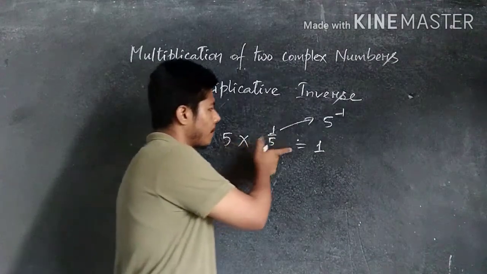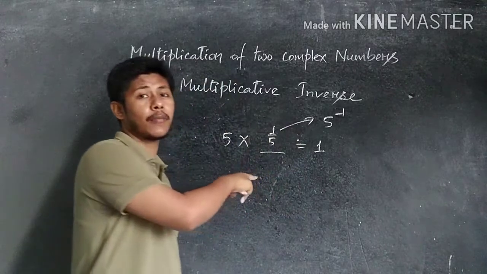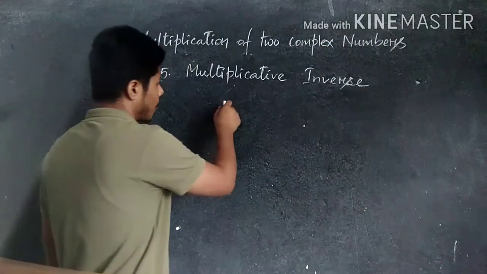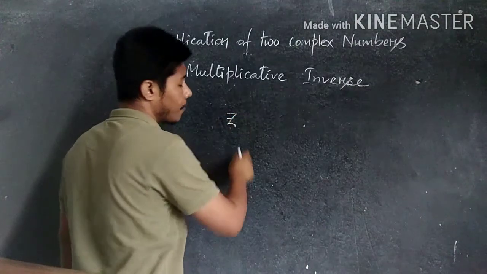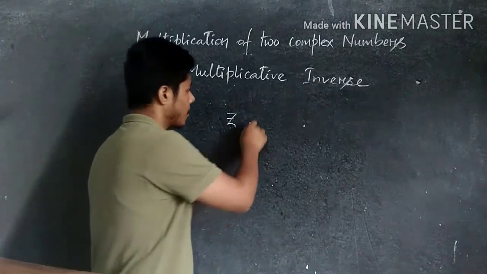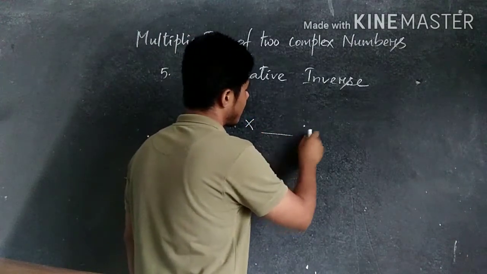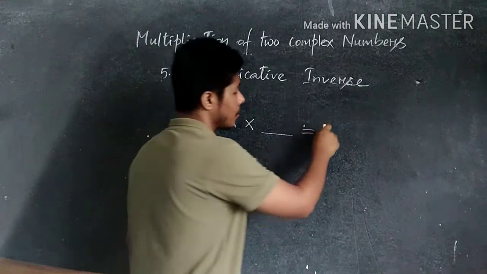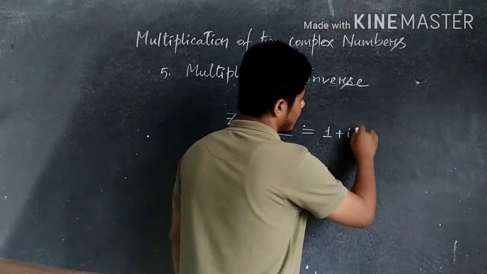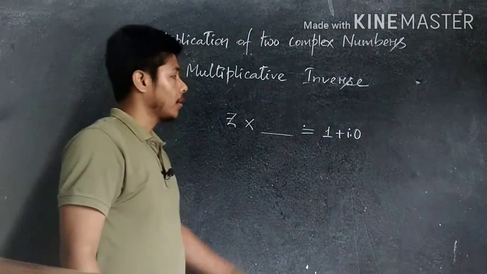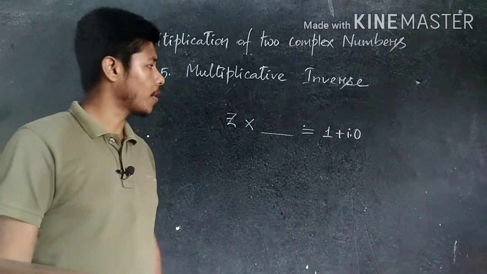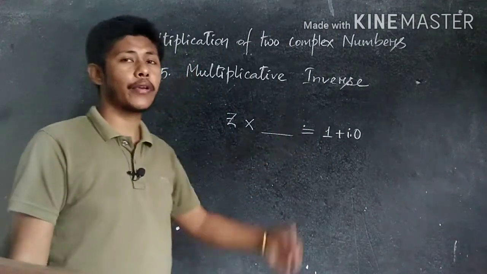If we multiply 5 by 1 by 5, we get the identity. So in case of complex numbers, let's see. Suppose we consider any complex number z. How much do you have to multiply with z to get the identity, that is 1 plus i into 0? This is the multiplicative identity of a complex number, isn't it? 1 plus i into 0, so simply we can say 1.